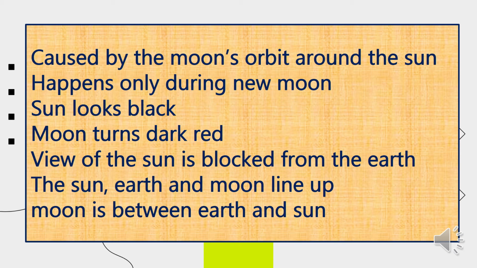Caused by the moon's orbit around the sun, happens only during new moon, sun looks black, moon turns dark red, view of the sun is blocked from the earth, the sun, earth, and moon line up, and moon is between earth and sun. Learners, you can pause this video for a while as you accomplish the task.